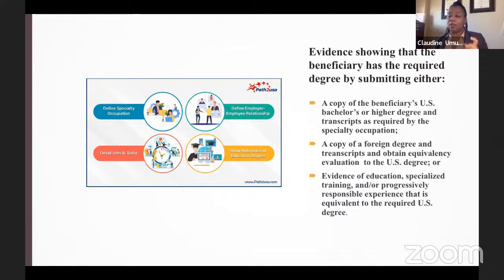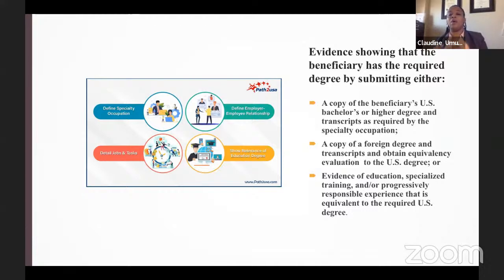So it's very important, again, to check the qualifications of your foreign national. If they didn't attend a US institution of higher education, you need to get an equivalency evaluation of their diploma and transcripts, and also a translation if it's not in English. So if it's not in English, it's going to be translated into English, and then it will be evaluated.